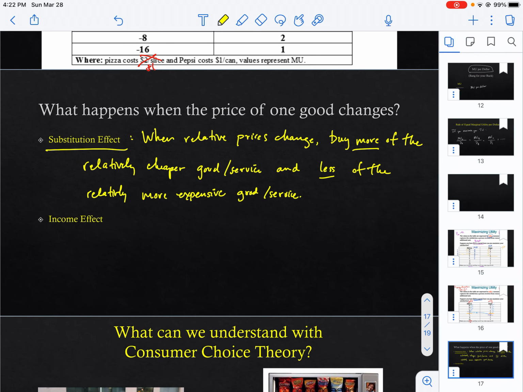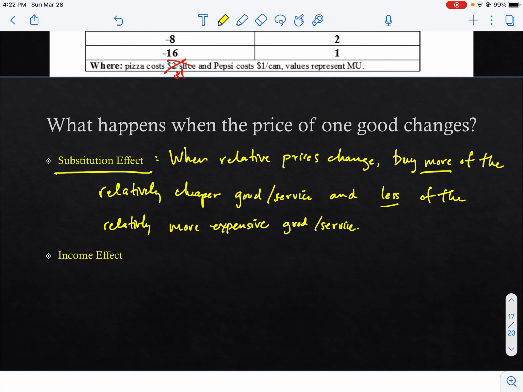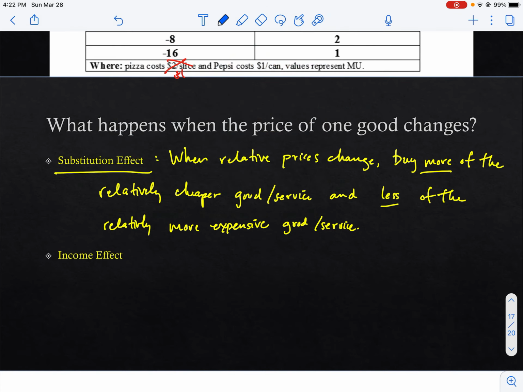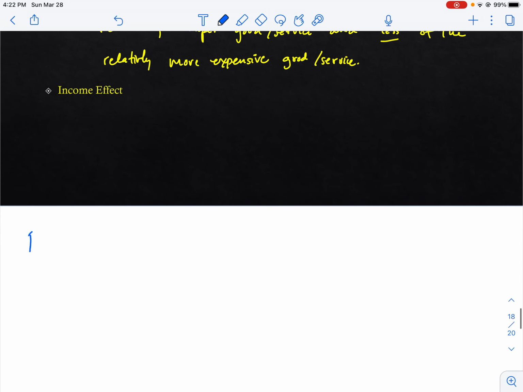Now, the one thing that we need to expand on here is what we mean by relatively more expensive or relatively cheaper. So we'll take a sidebar here on relative prices. Here you want to think opportunity cost.